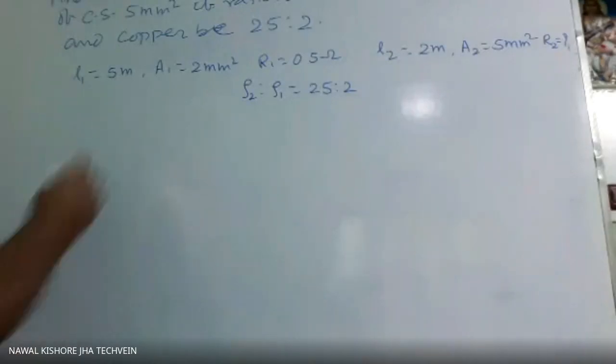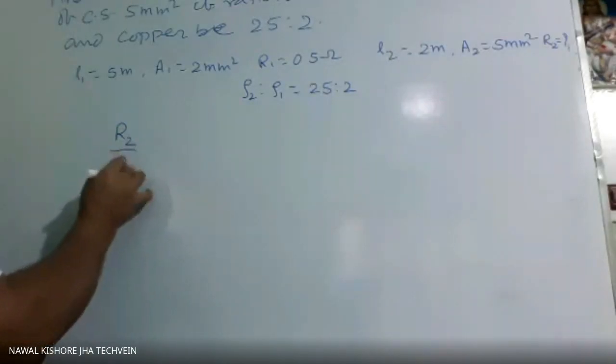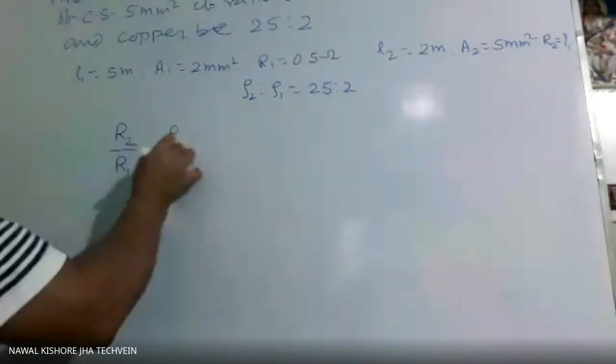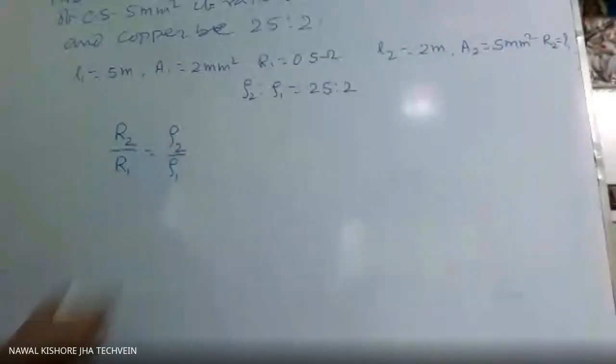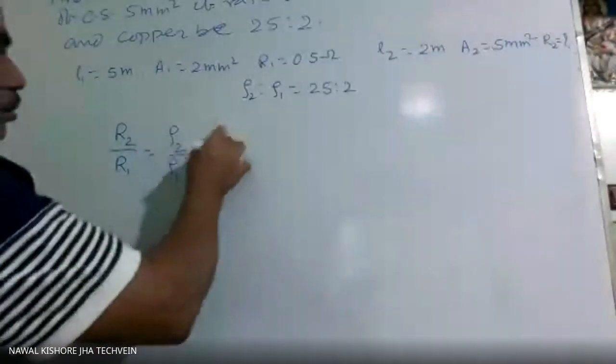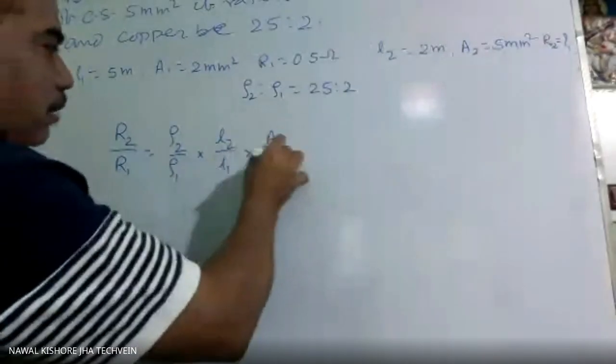So what was the general formula for the resistance ratio? R2 by R1 is, as here the material is different, so rho will be different, rho2 by rho1 into L2 by L1 into A1 by A2.